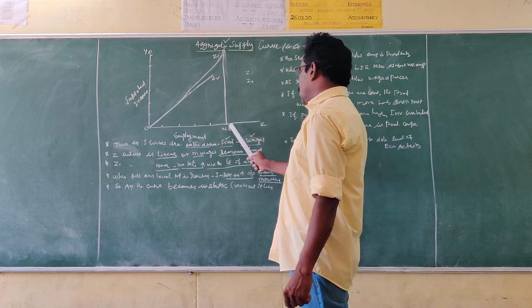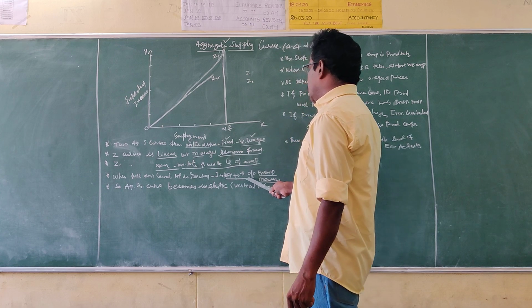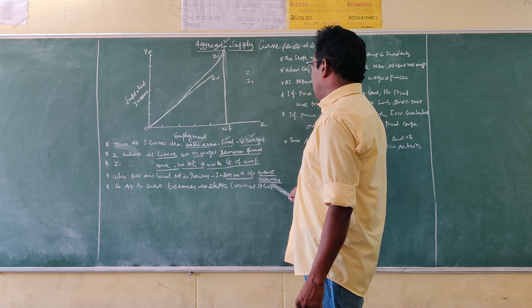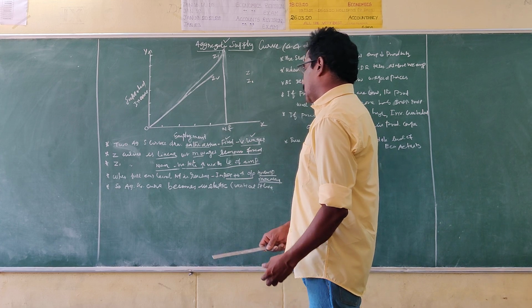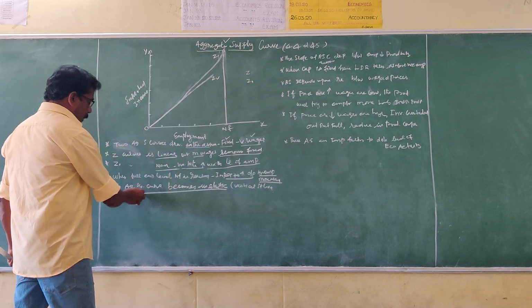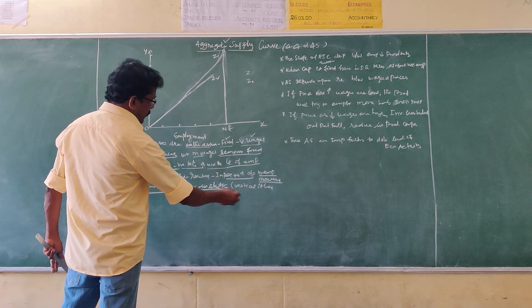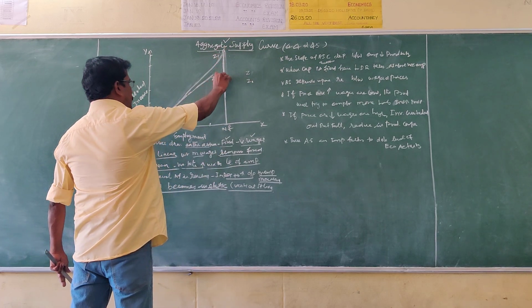That is why the aggregate supply curve becomes inelastic, a vertical straight line.